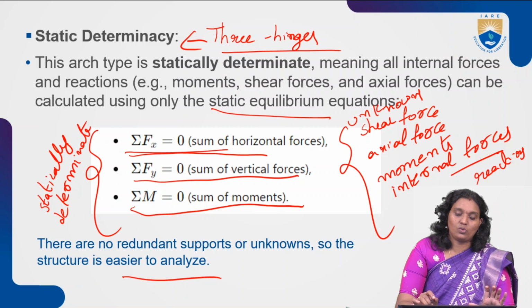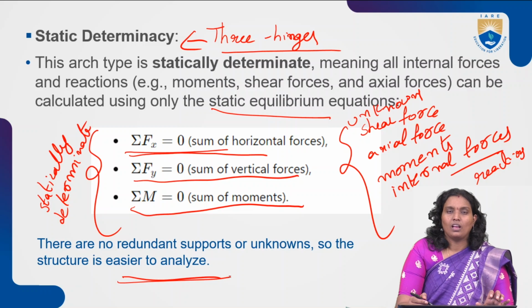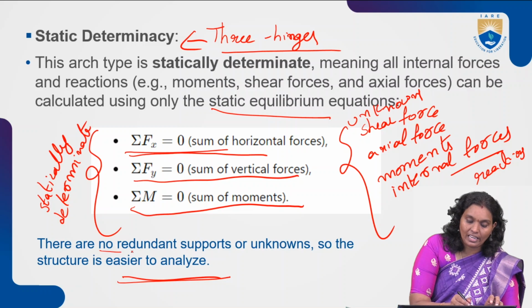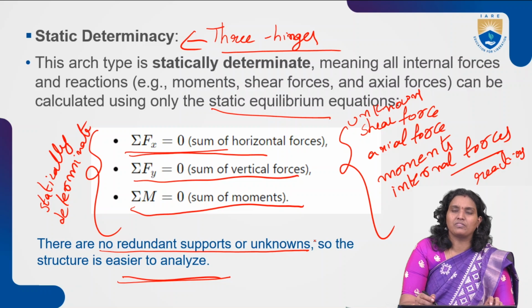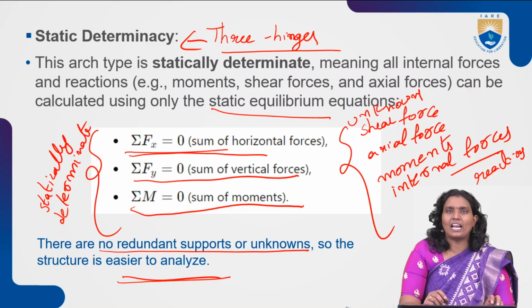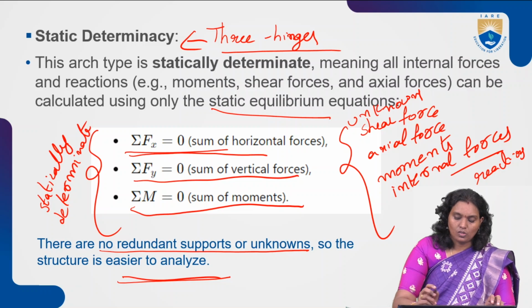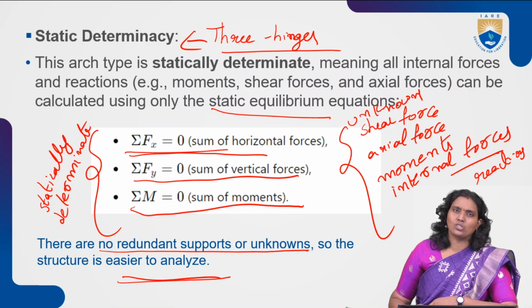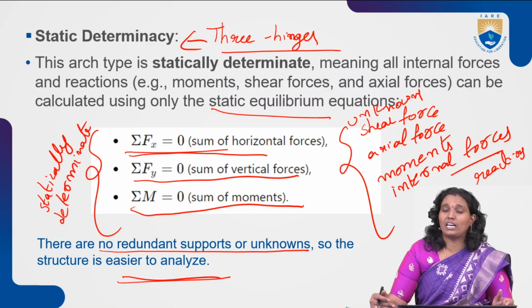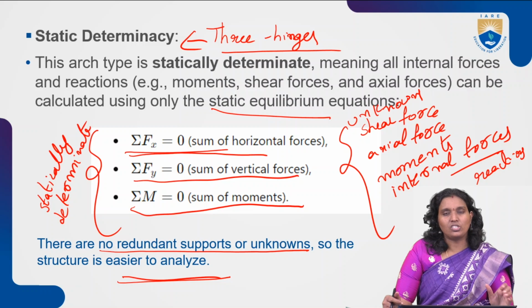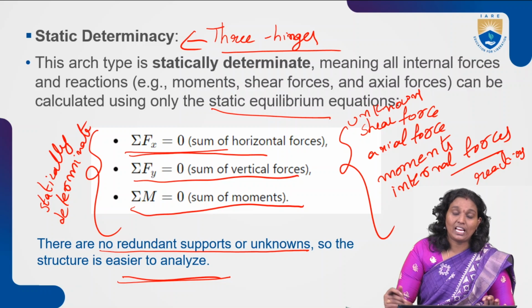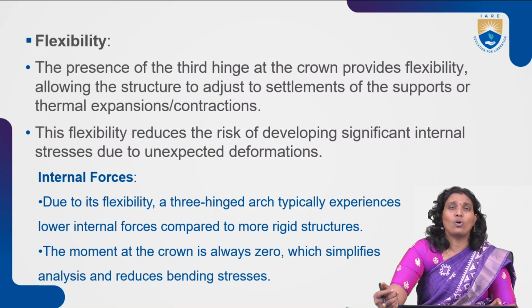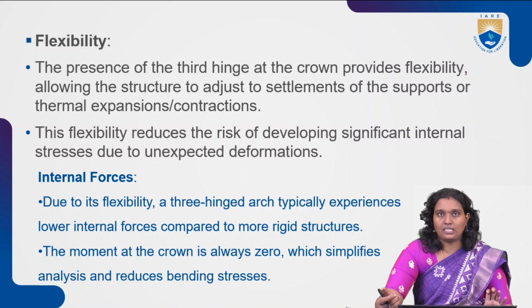It is easy to analyze, because there are no redundant supports or unknowns in such a statically determinate structure. So for analyzing, it is the easier one compared to the two-hinged arch. What is there in the two-hinged arch from a structural characteristics point of view we will see, and later we will discuss these comparisons. And one more is the flexibility.